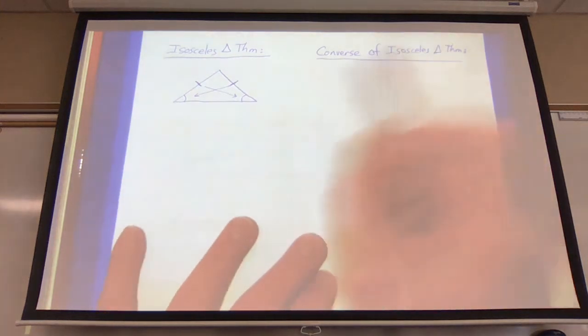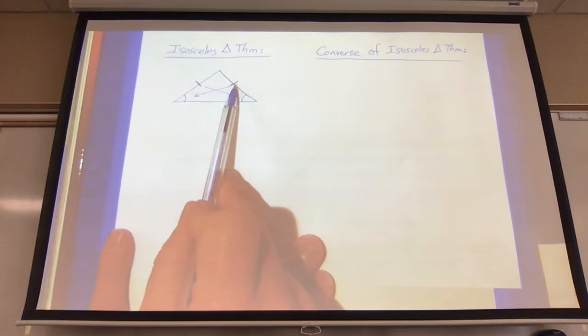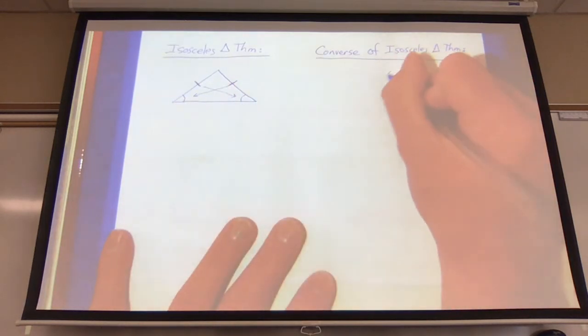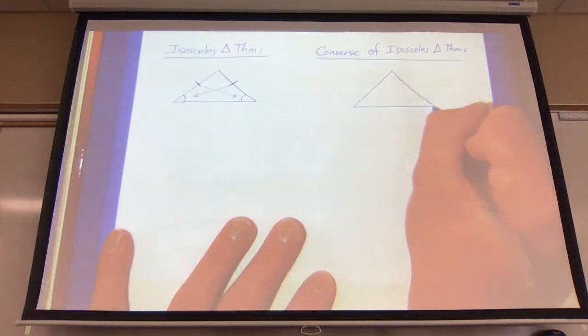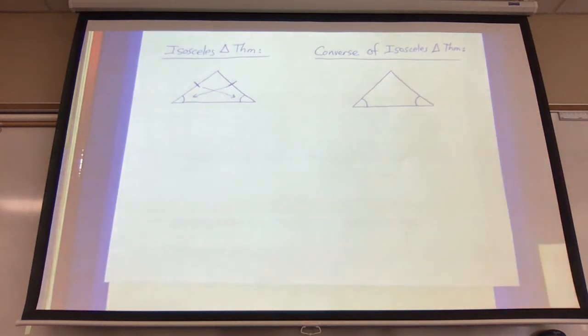Over here on the isosceles triangle theorem, we started with two sides being congruent, and then the opposite angles ended up being congruent to each other. On the converse, we're going to start with two angles being congruent to each other. Then I'll read the words to this, and then we'll show you in the picture what it's saying.